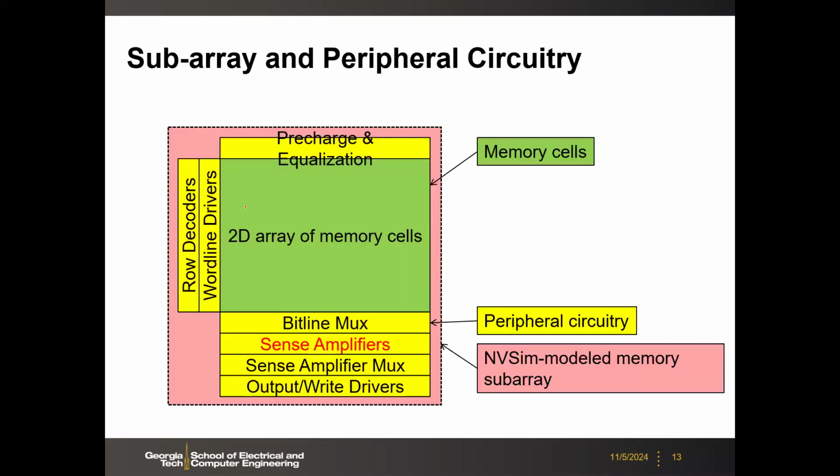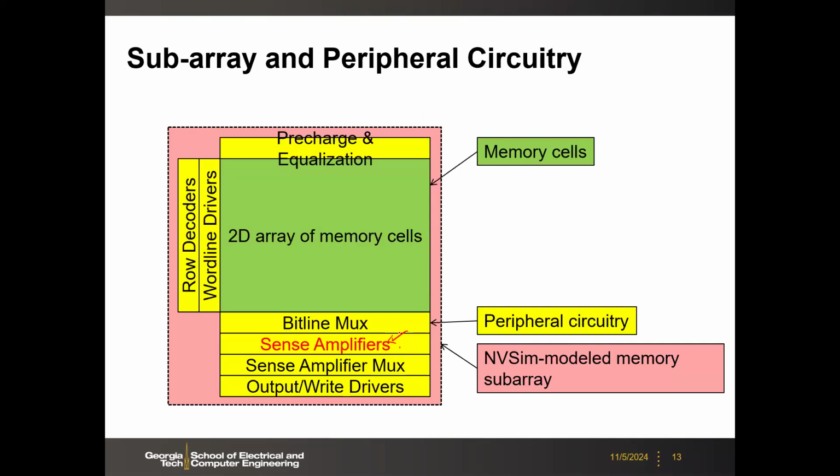So here we talk about the sense amplifier. Let's focus on this one because this is actually the key, as other modules are pretty standard, like decoder and mux, nothing new. The sense amplifier could really be different for different memory technologies, and there will be new designs for new memories as well.